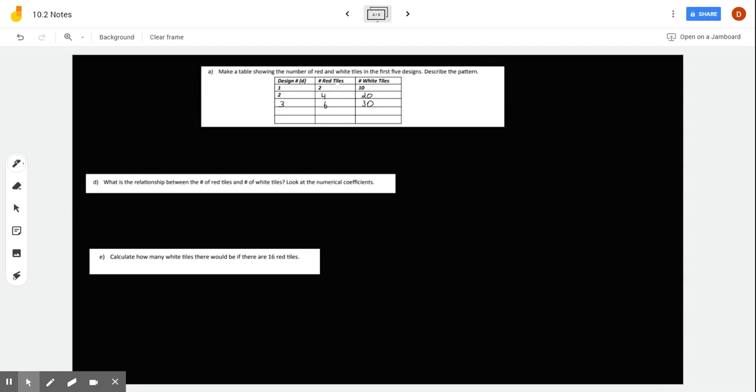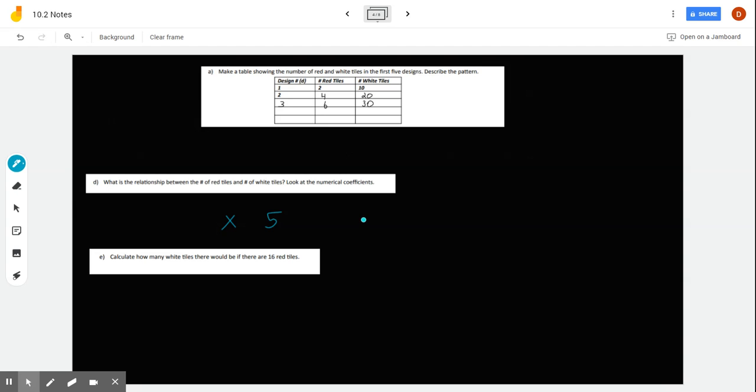How did we get from this number to this number? If you take a look, there should be a pattern that you might see. The pattern that you hopefully see is that to get from the number of red tiles to the white tiles, there was a consistent increase of 5 times. It was multiplied by 5.